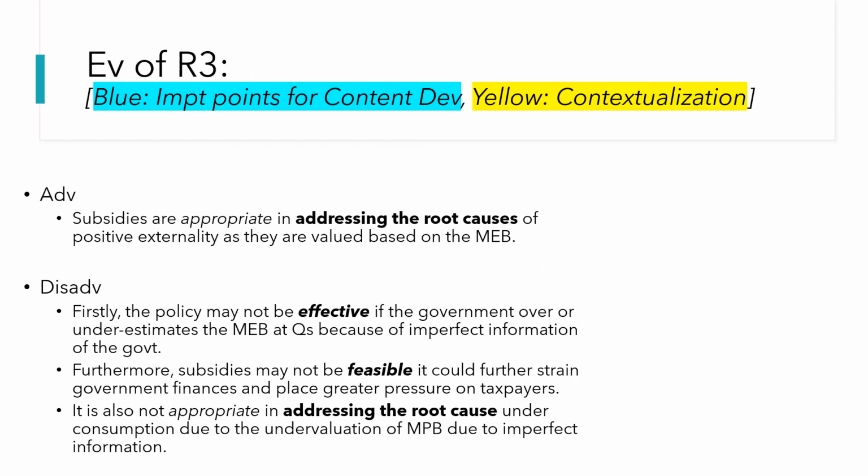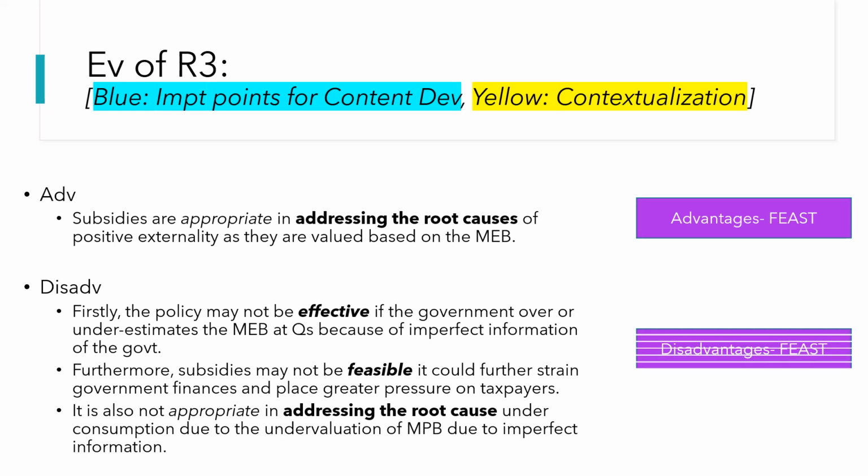Subsidies are appropriate in addressing the root cause of positive externality because the subsidy is equivalent to MEB. Because it's equivalent to MEB, it's directly targeting the issue of positive externality. However, the issue here is that due to imperfect information, the government could underestimate the MEB at QS. So there could still be market failure in here.